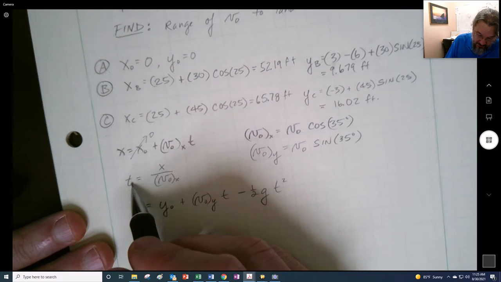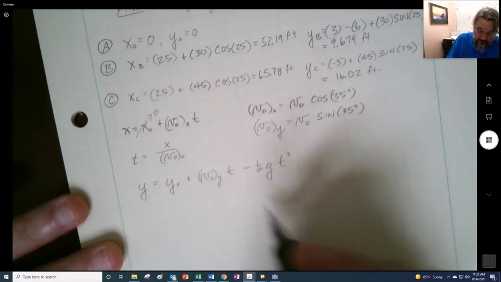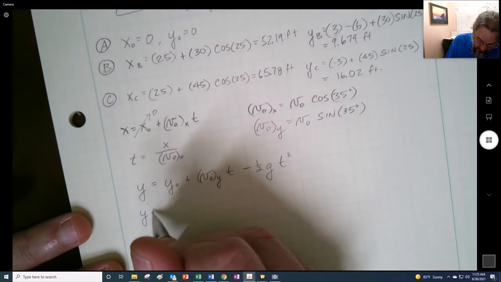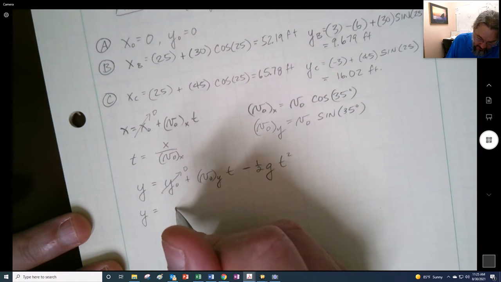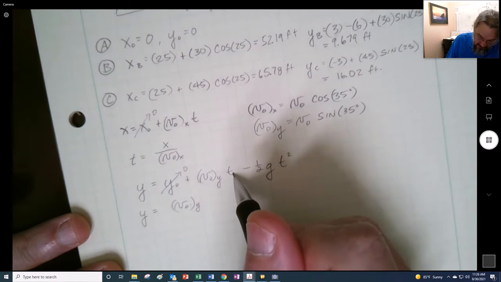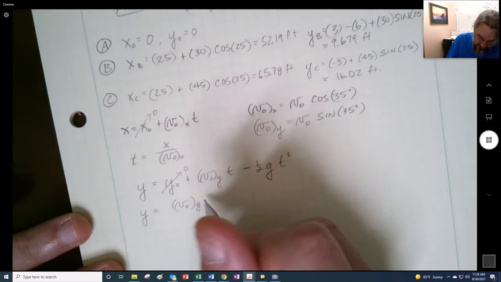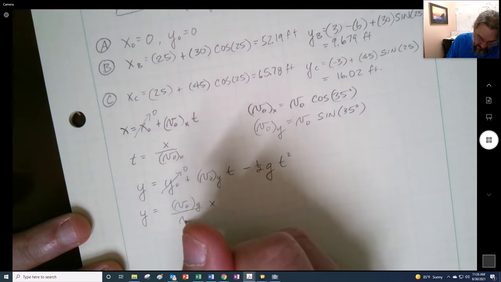And we can substitute time in for there, so that we end up with y is equal to, and by the way, we'll just go ahead and say that that's 0. So we have VOY times time, but that's times x.